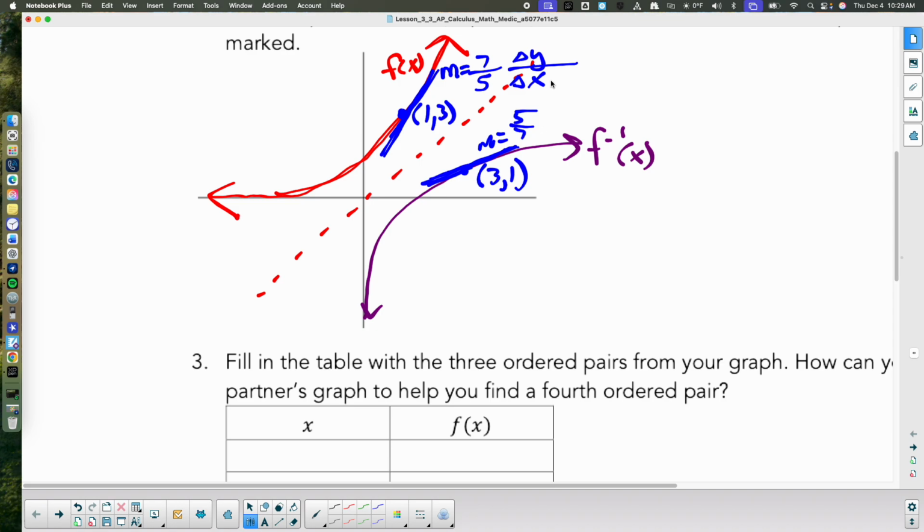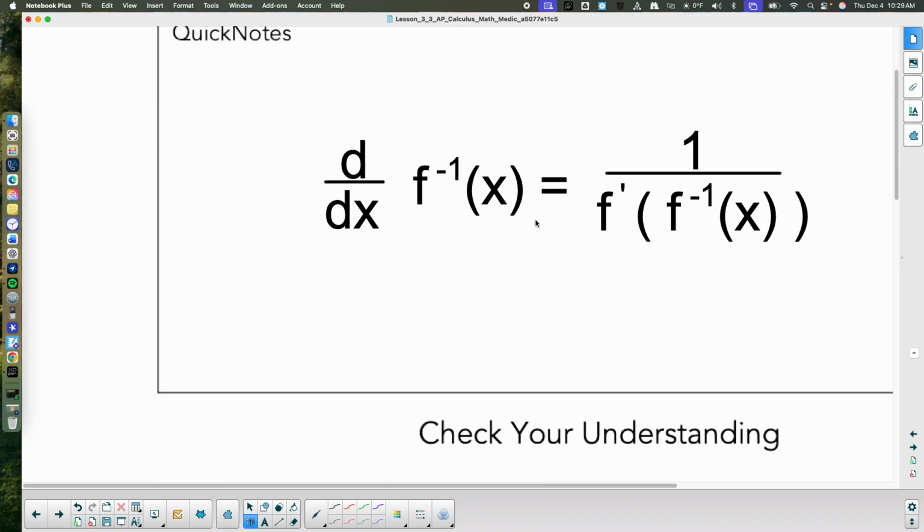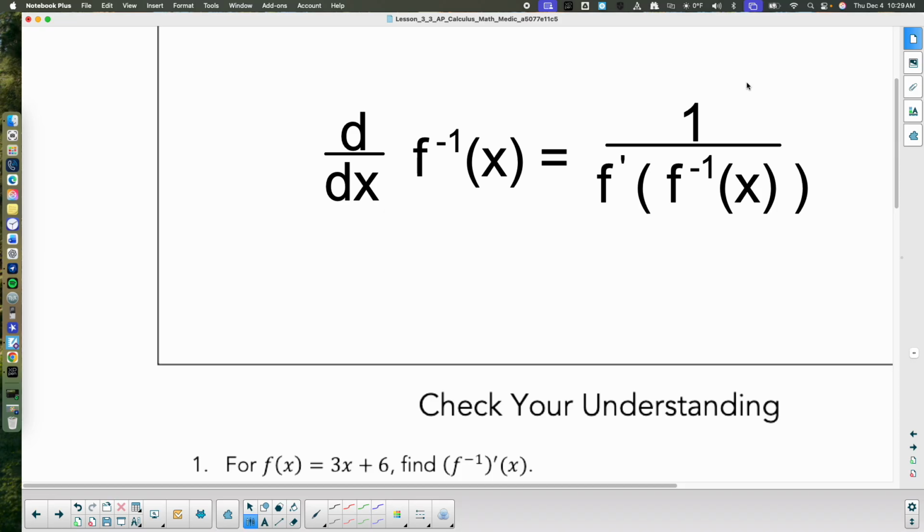So this is the basics of where the derivative formula comes from. The 1 over is the math way of telling you how to flip a fraction upside down. So you basically are going to be finding the slope of the original function on the bottom and then flip it upside down. That's what this formula does.